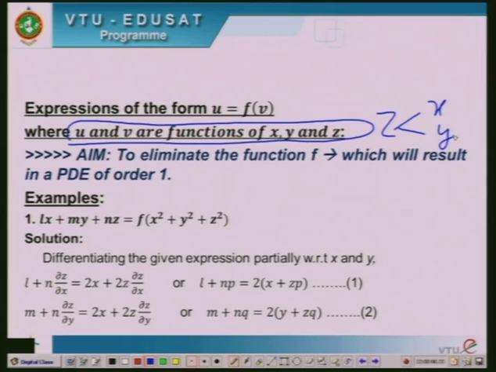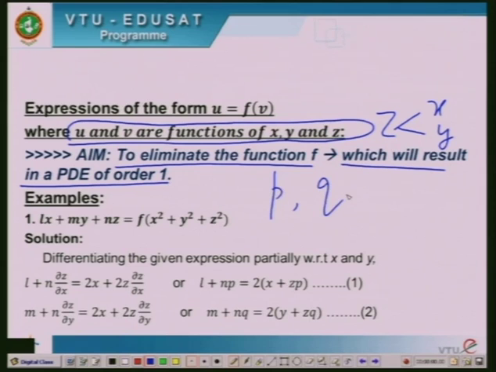Now, what is the aim? The aim is to eliminate the function f, because we are eliminating only one function, that will result in a PDE of order 1, or equivalently any PDE that contains p and q, where p is dou z by dou x and q is dou z by dou y.